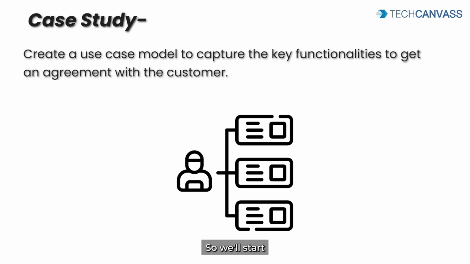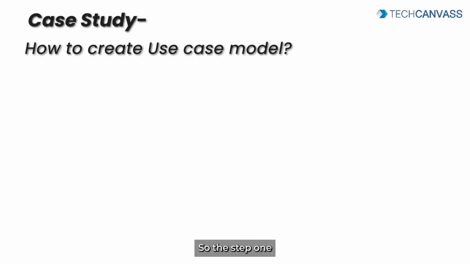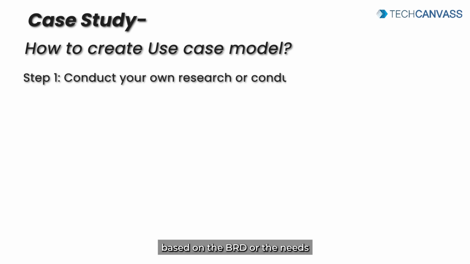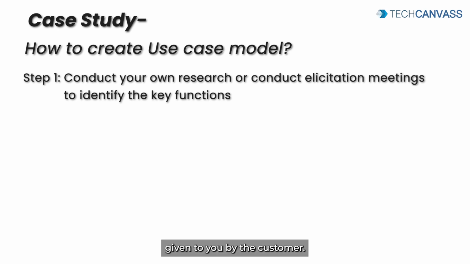So we'll start by identifying the actors. So the step one in creating a use case model is to conduct your own research based on the BRD or the needs given to you by the customer. You can also rely on discussion with the customers to identify the key functionalities for a particular given project.